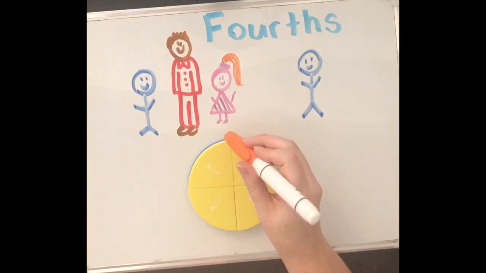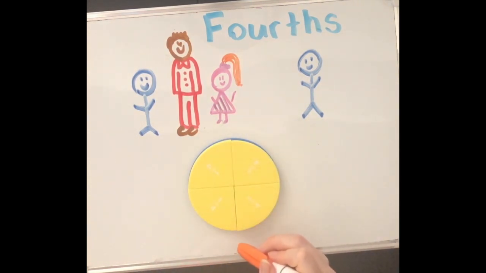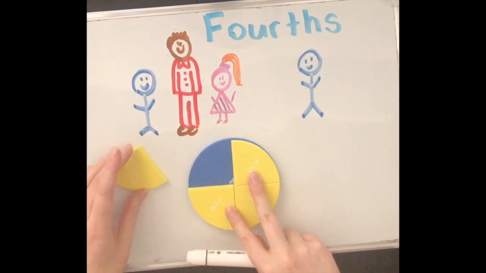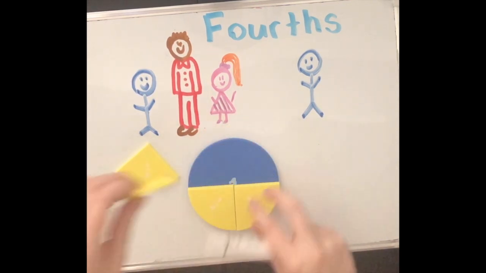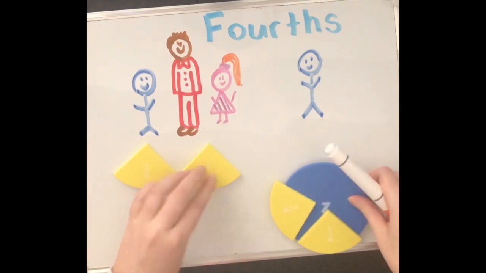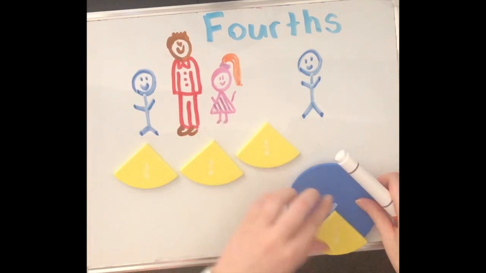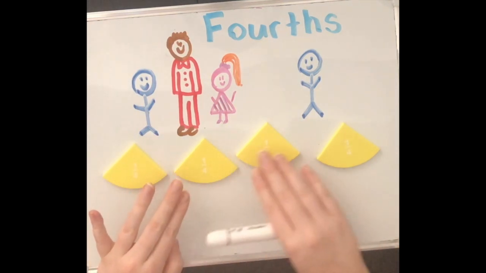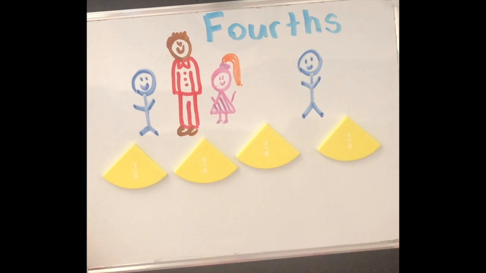We will cut it once down the middle vertically and once across the middle horizontally, and we will make 4 fourths or 4 quarters. So we will have 1 piece of pizza to give everyone. 1 for Tom, 1 piece for Dad, 1 piece for Katie, and 1 piece for Jerry. Now, the pizza is split equally between the 4 people in the family.